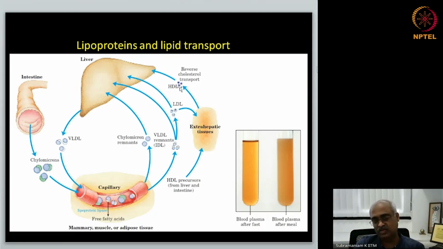But the main thing shown here is the reverse transport, that is taking the cholesterol from other tissues into liver, where it is going to be used up. Okay, so that is the HDL role. So high HDL means a good way of clearing excess cholesterol by taking it into liver, and also indicating that you don't have lipid loaded apoproteins in your blood. So that is when you will have high density lipoprotein higher.